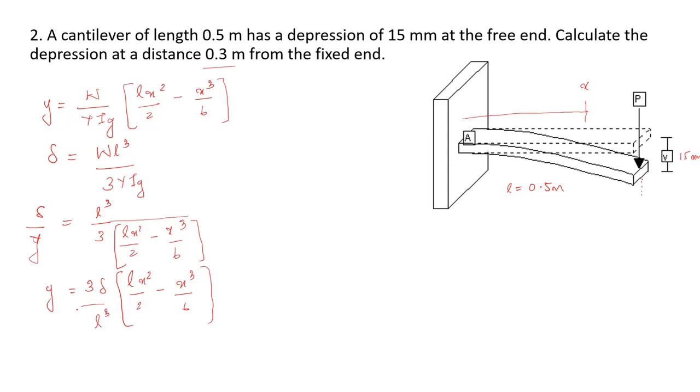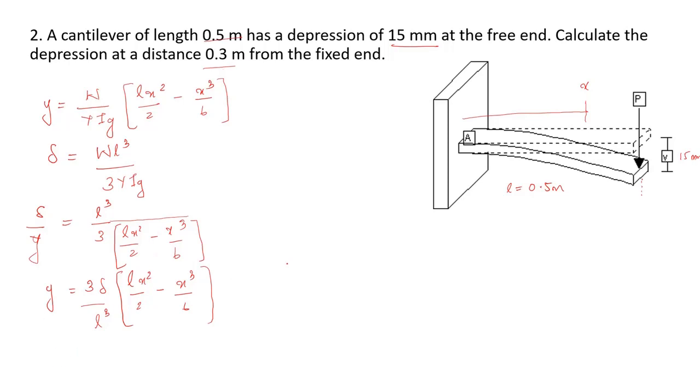Now we have values for all the quantities. We have delta, 15 millimeter, converted into meter. We have length 0.5 meter, and the distance x is 0.3 meter.